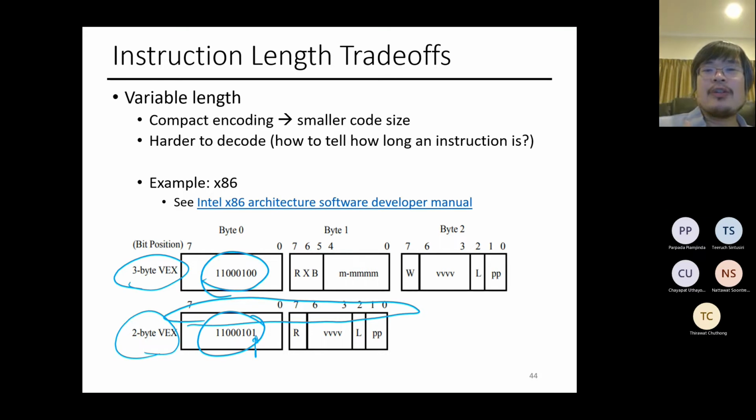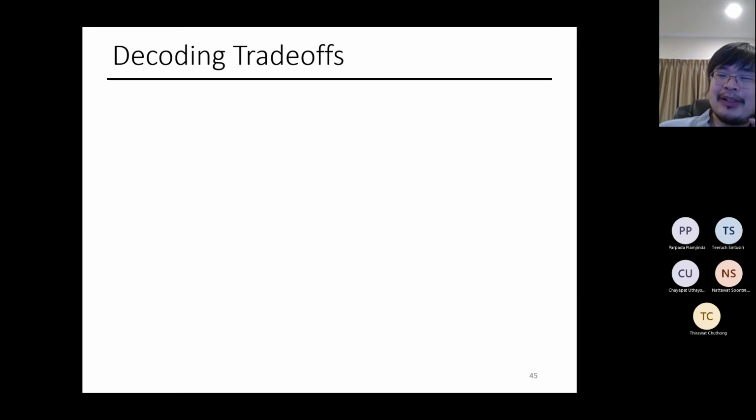Decoding basically means I try to figure out this bit pattern of 1s and 0s. What is this instruction? That's a trade-off, because variable length takes more time to decode.